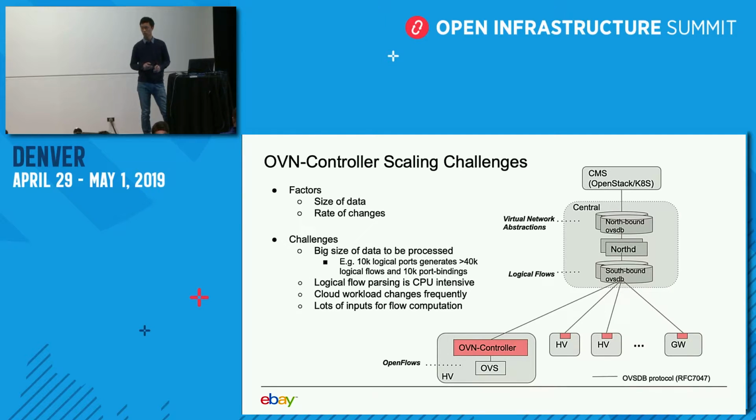The OVN controller needs to compute a lot of information, basically a big size of data. In a scaled environment, there are a lot of logical ports to be processed on each hypervisor. Consider any-to-any connection in a VPC or in a Kubernetes environment.